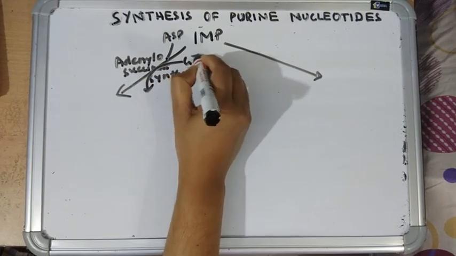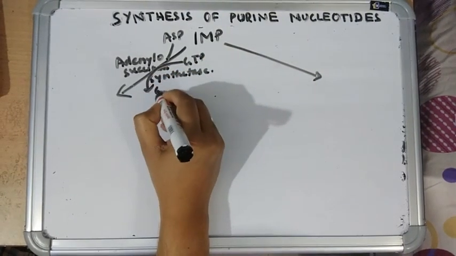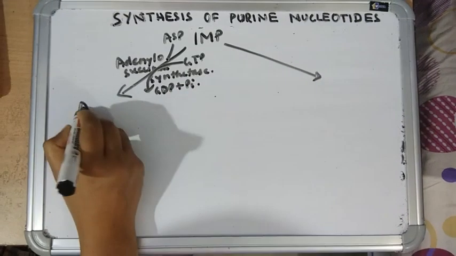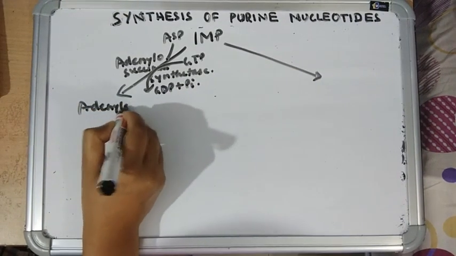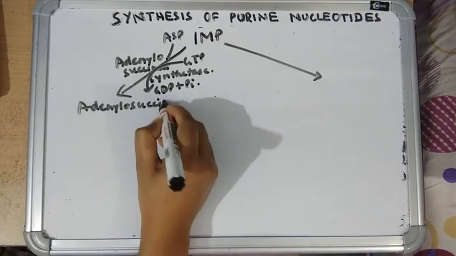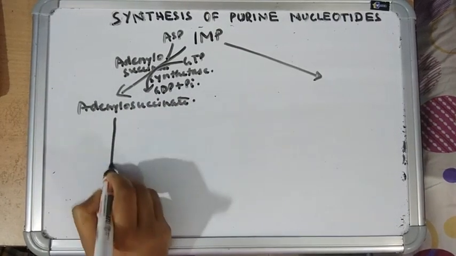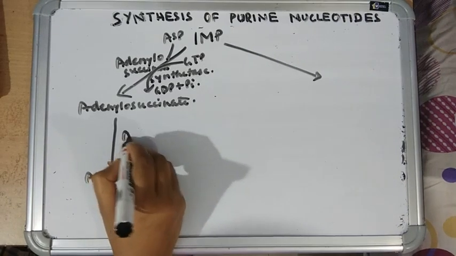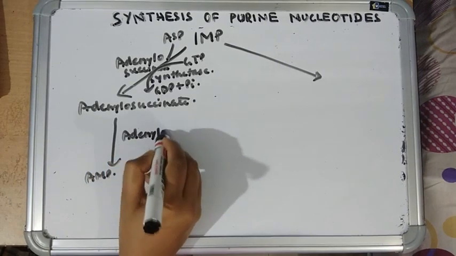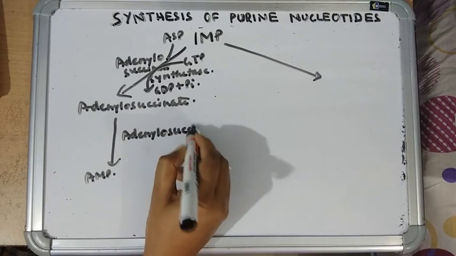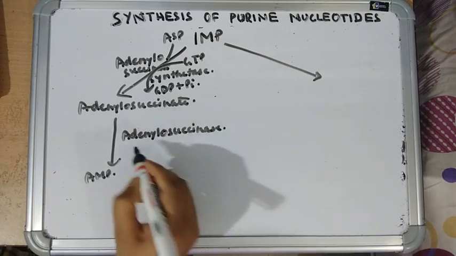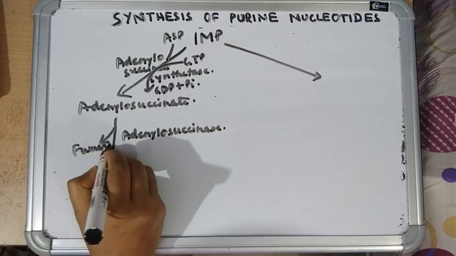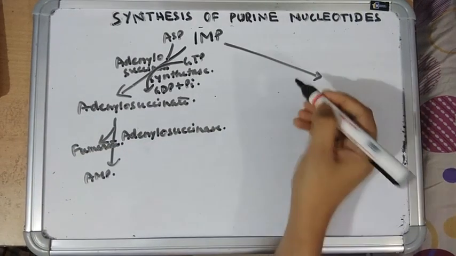GTP is required. It forms adenylosuccinate, and adenylosuccinate is converted into AMP by the enzyme adenylosuccinase. Fumarate is released, so AMP is formed.